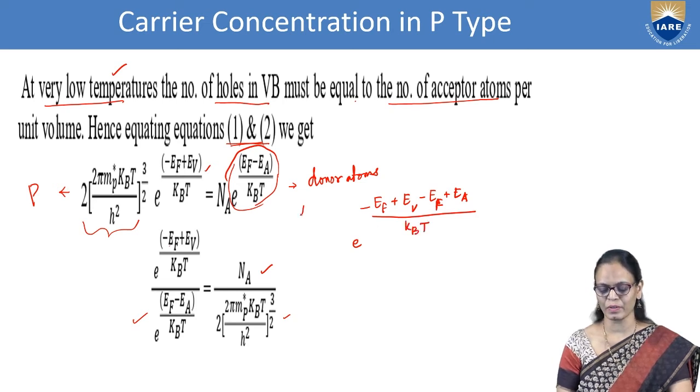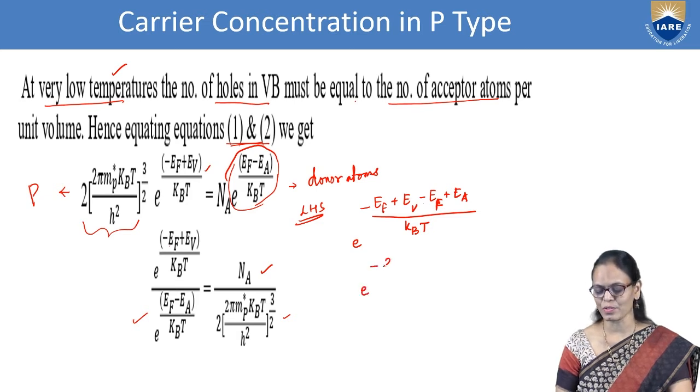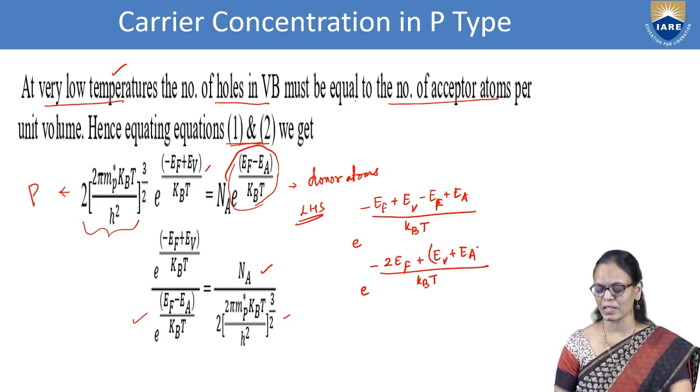I'm only doing the simplification of the left hand side. We have minus Ef and minus Ef, so e power minus 2Ef. So we get (minus 2Ef plus Ev plus Ea) by kBT. This is what our LHS reduces to.